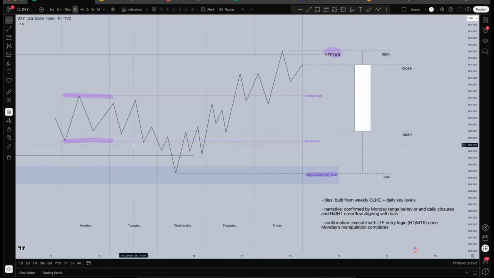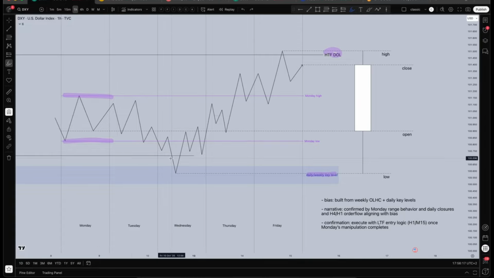In this case, we are anticipating price to move below the Monday range lows first, because we want to look for buys below the Monday range low inside the key level. Now, if we have high impact news on Tuesday or Wednesday, then you can anticipate that the manipulation will happen on that day. If we have no red folders on Tuesday but on Wednesday, then as a rule of thumb we will probably have the manipulation on Wednesday.